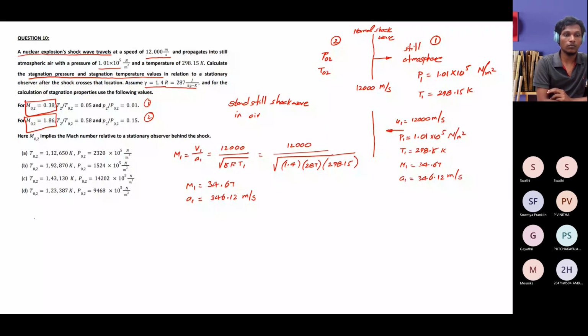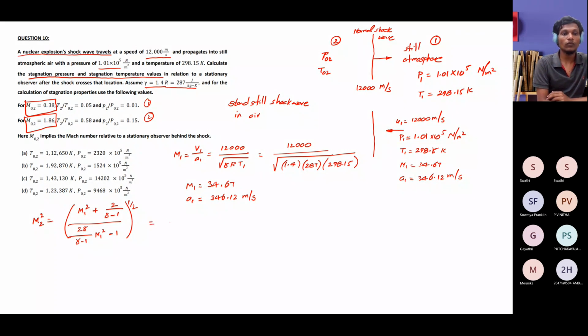What is the normal shockwave relation to find the Mach number in the downstream of the normal shockwave, that is M2 square equals, let me write the equation, M1 square plus 2 over gamma minus 1, divided by 2 gamma over gamma minus 1 times M1 square minus 1, all to the power 1 by 2.